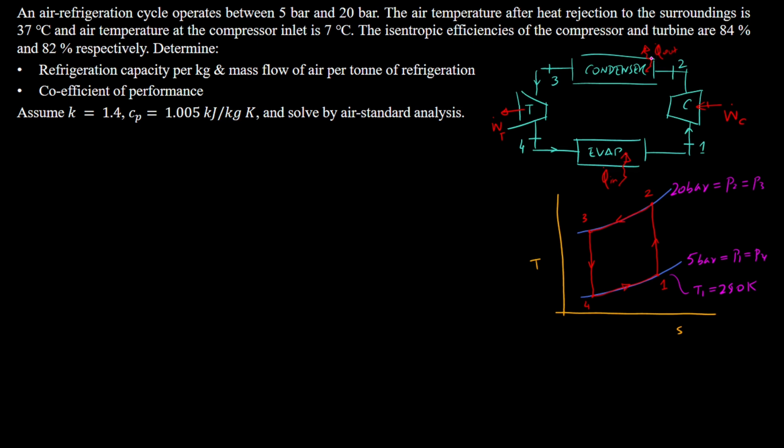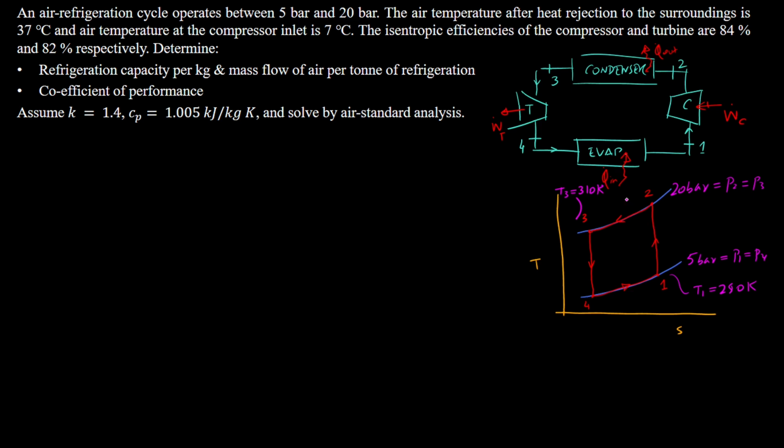Heat rejection is taking place up here with the condenser. So after it, that means we're talking about state 3. That's 37 degrees Celsius. And so T3 in kelvins is going to be 310 kelvins. So these are the ideal processes.